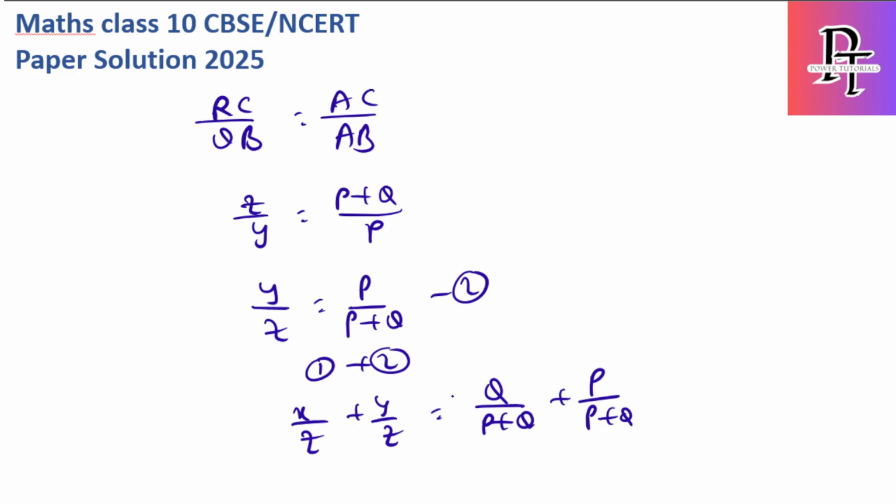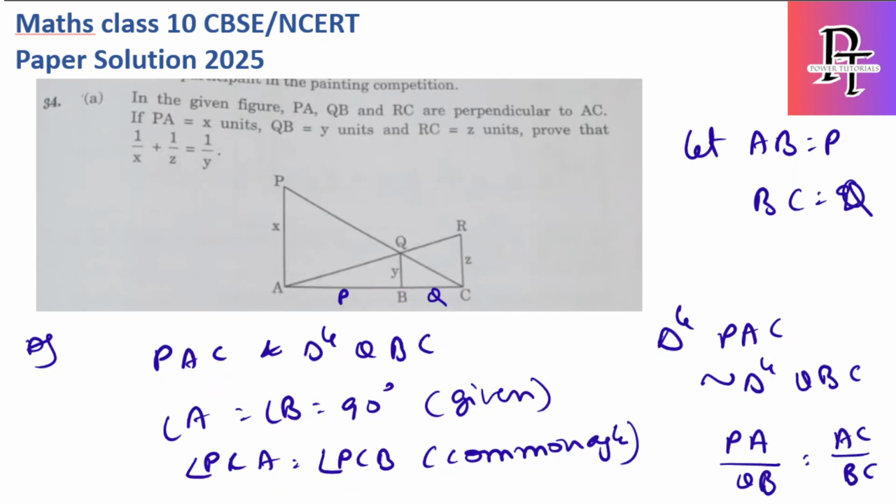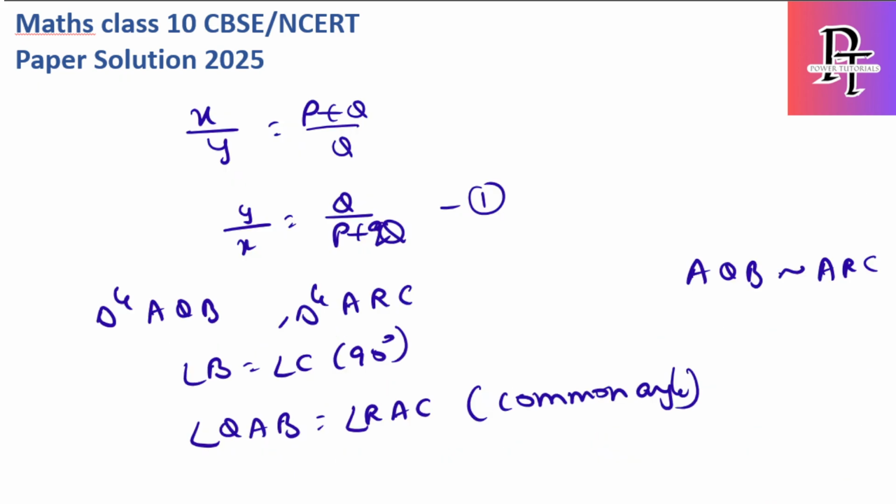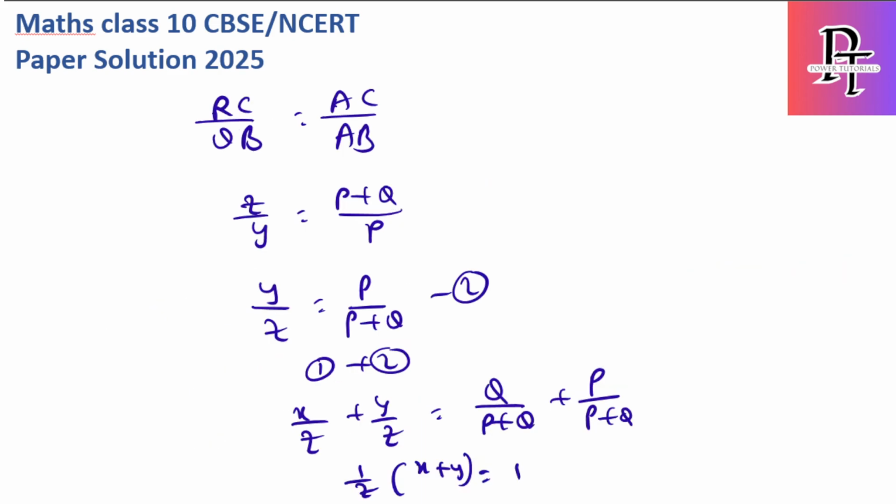Okay, so what is q plus p by p plus q, which is nothing but 1. So if I take z as common, this becomes x plus y. Somewhere there is some mistake. It is y by x.